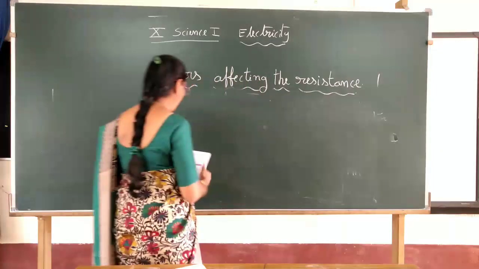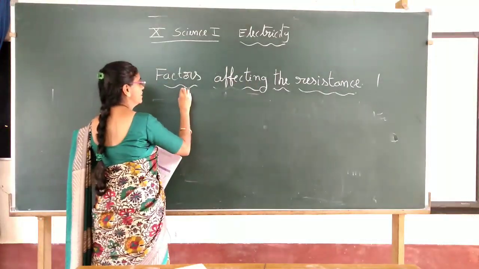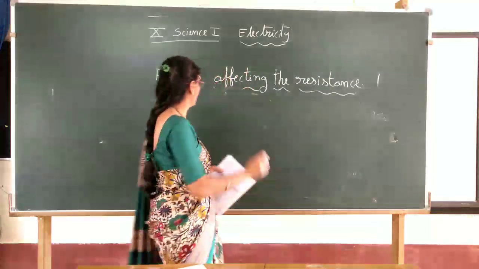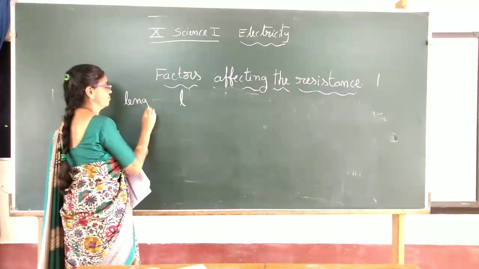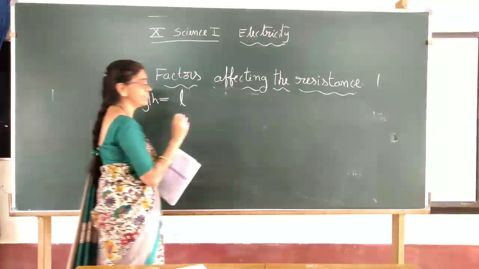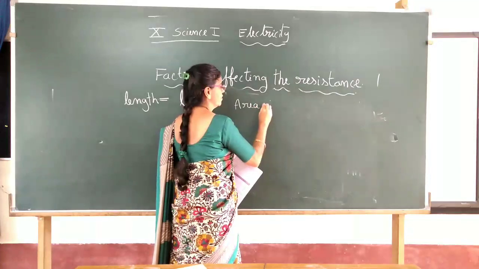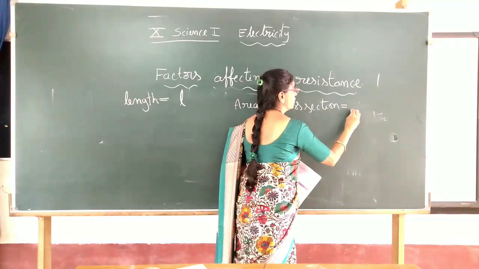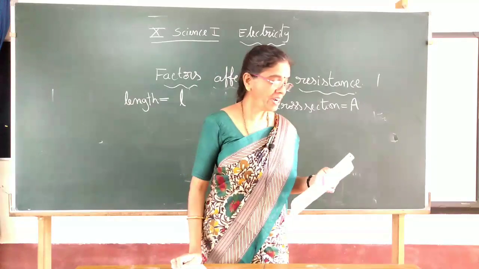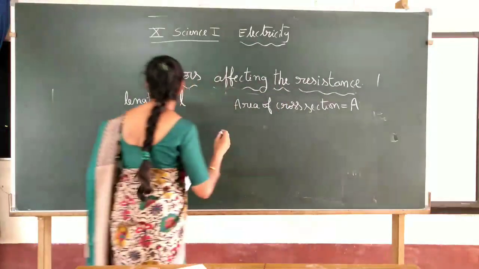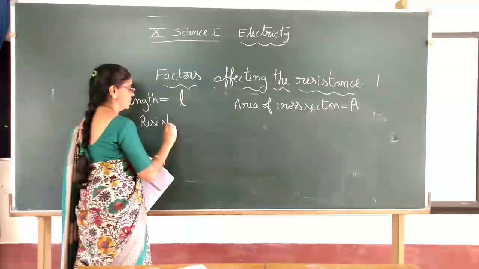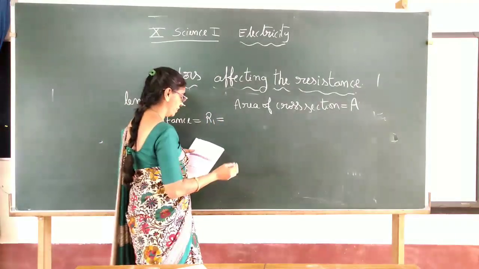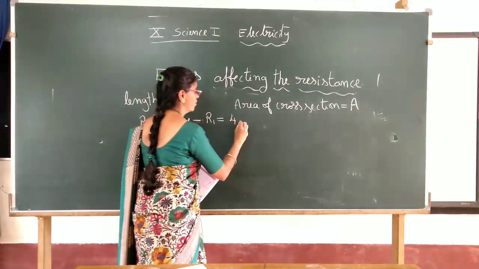A wire of given material has length L and area of cross section A, and its resistance R1 is given as 4 ohm.